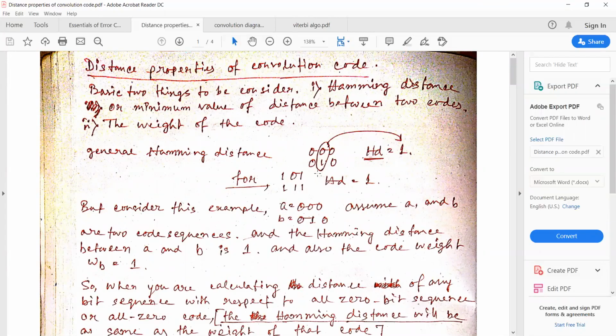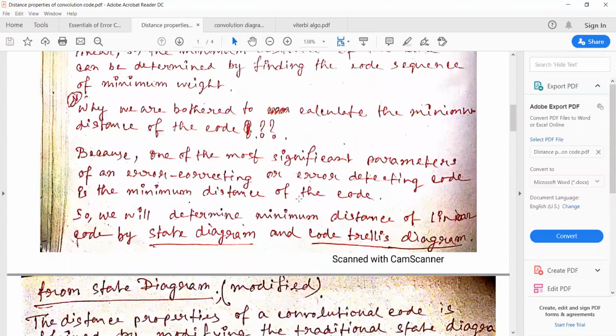From the previous lecture, the first position bits are the same, the third position bits are the same, and in the second position we have a dissimilarity between the bits. That is the number of positions where the bits are different between two code sequences. So that is the Hamming distance.